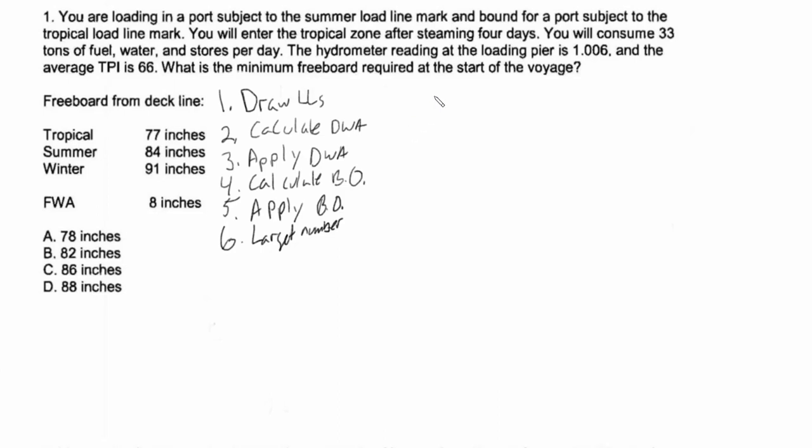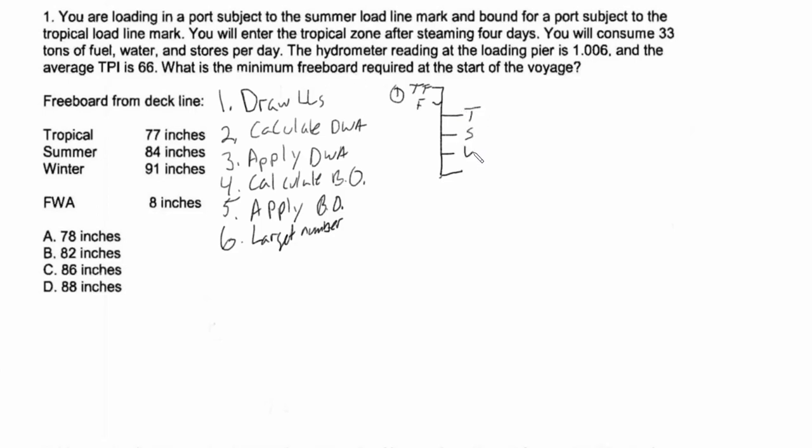Okay, so step 1, draw the load lines. Well, the load lines are always the same. You've got 2 freshwater load lines, and you've got 4 saltwater load lines. So there's 1, 2, 3, 4. This is tropical fresh. This is fresh. This is tropical. This is summer.